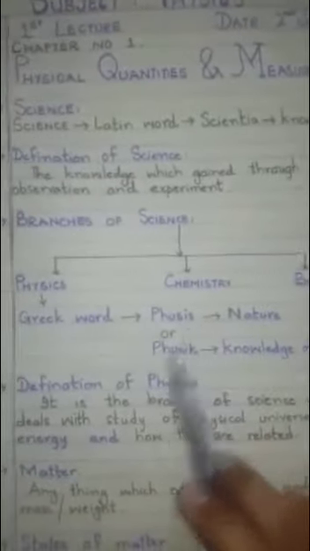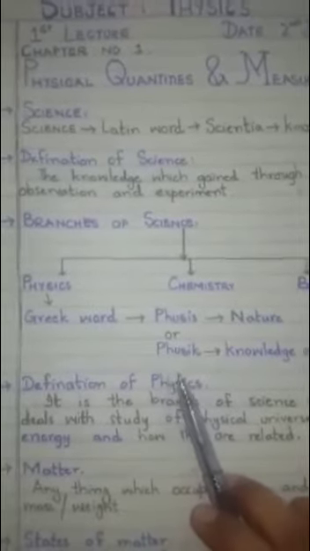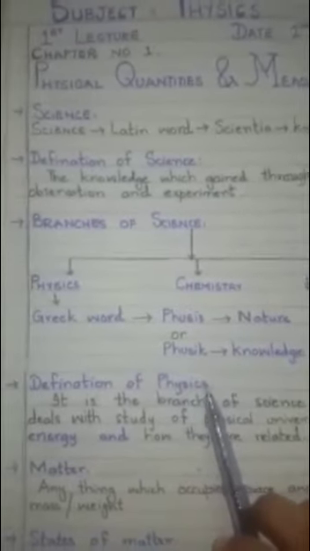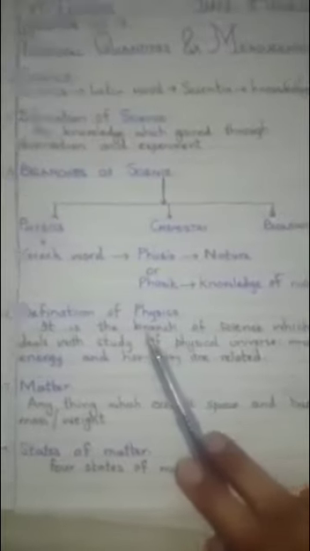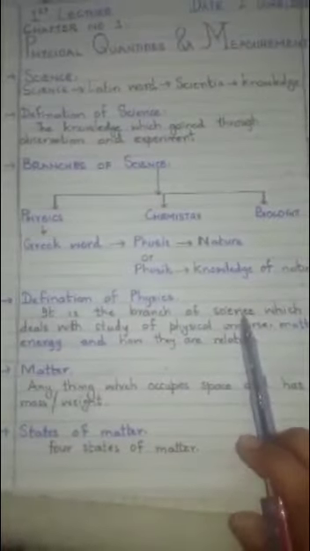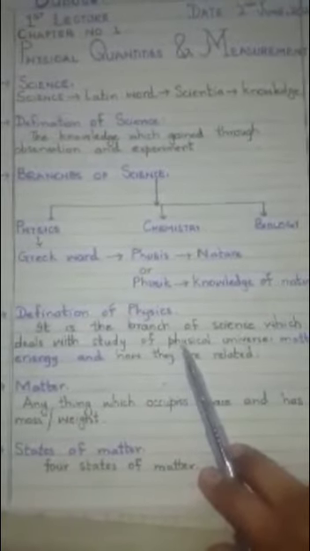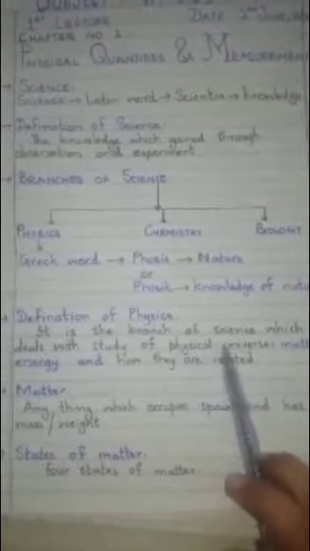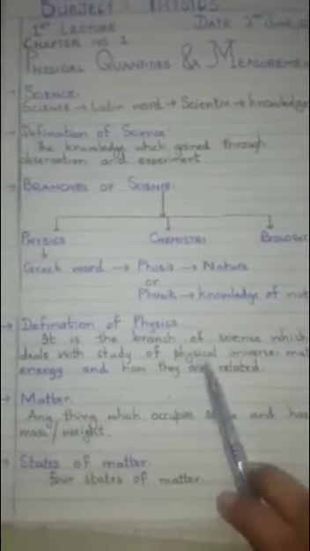But properly, physics can be defined as follows. This definition is also given in your book; you can check it on page 2. Physics is the branch of science which deals with the study of the properties of the physical universe.